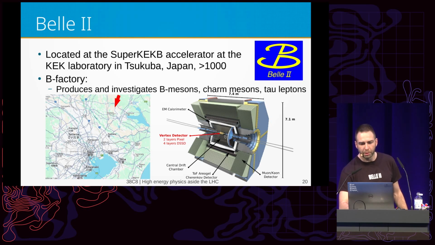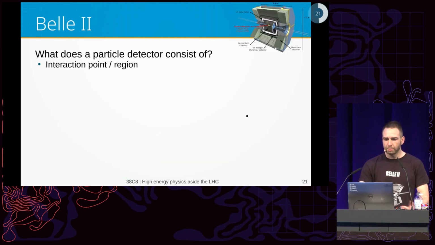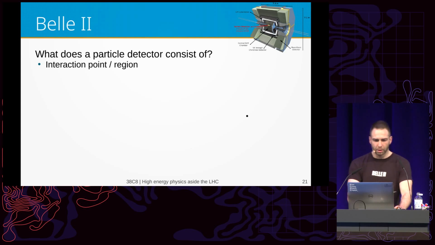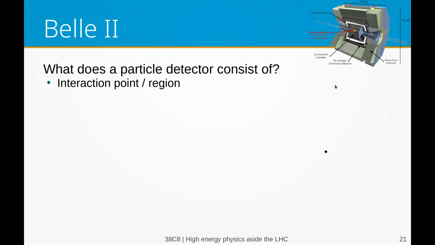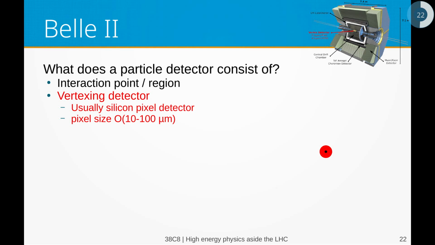And this is a brief overview of how the detector looks. So it's 7.4 meters long and 7 meters high and in diameter, essentially. So what does a particle detector usually consist of? We start at the interaction point, which is just this black dot here. This is true for Belle II, but also for other experiments. We have the so-called vertexing detector.